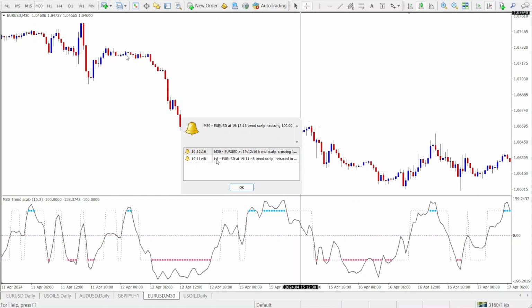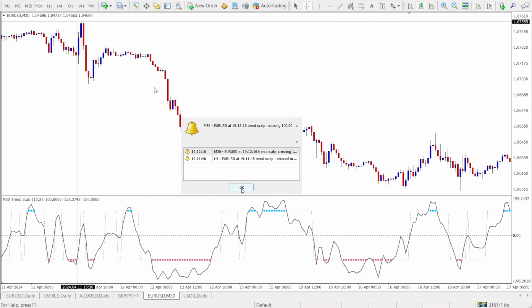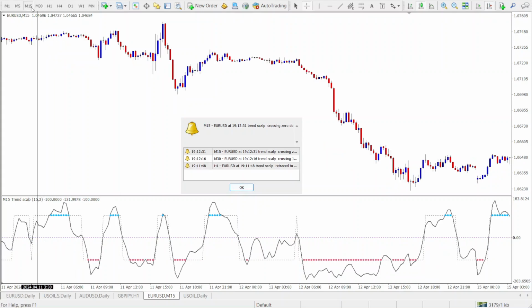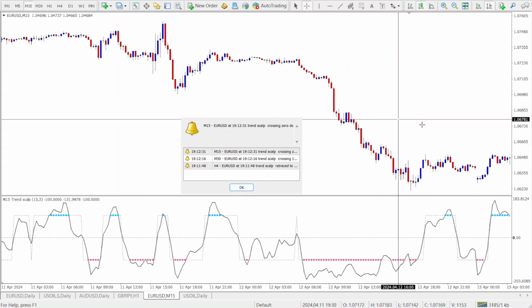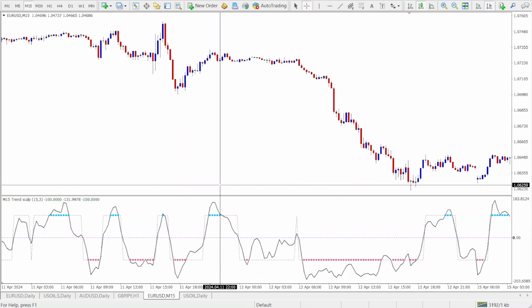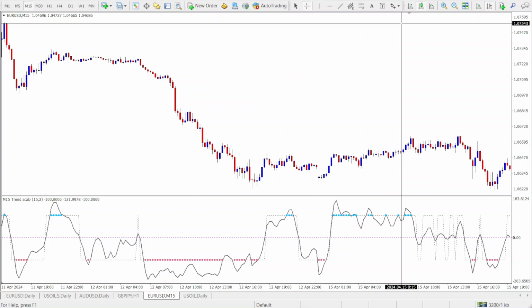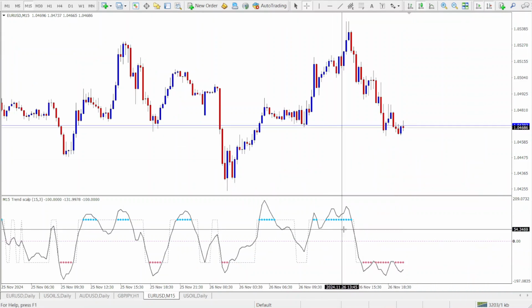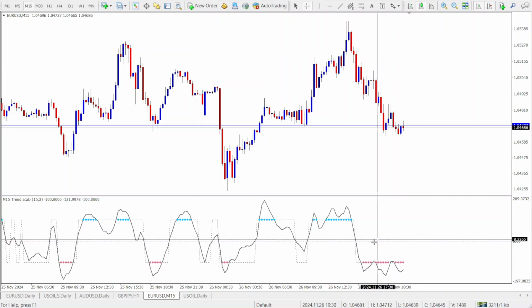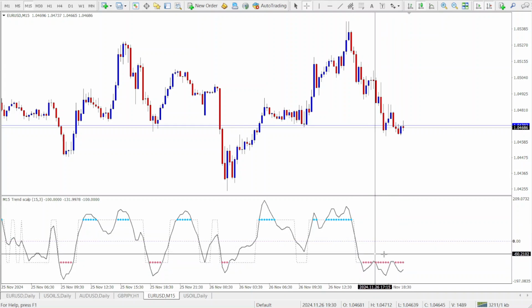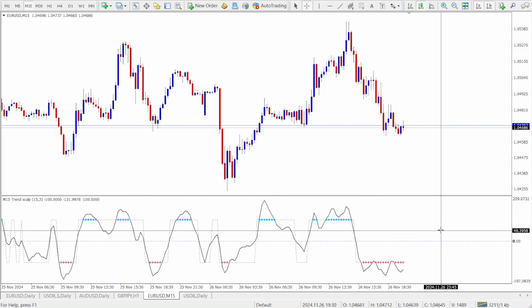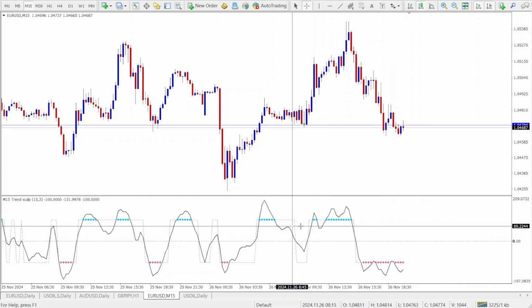If I go to another time frame, can you see we got an alert? So this is a nice indicator, as it gives you alerts in addition to the precise signals within the indicator window.